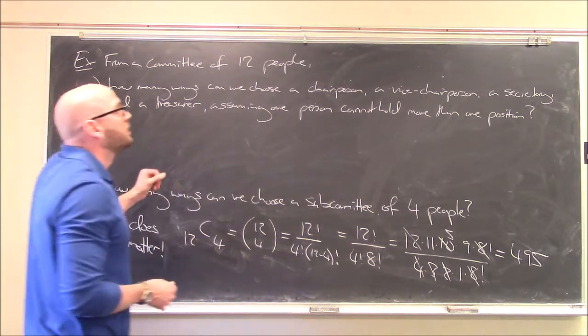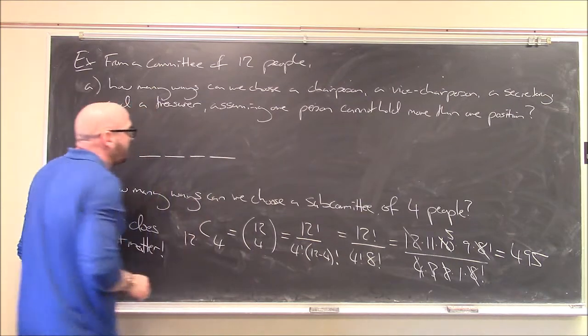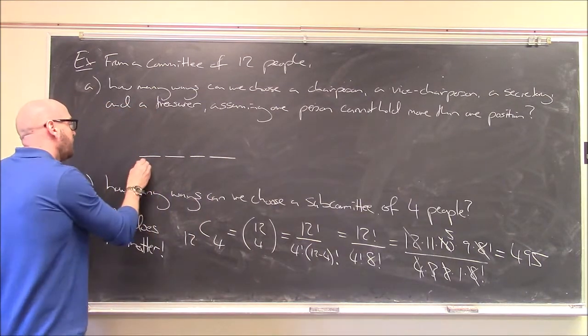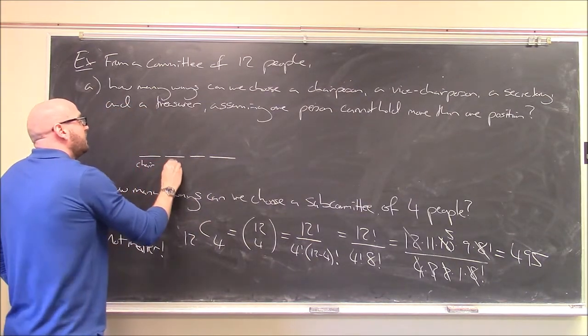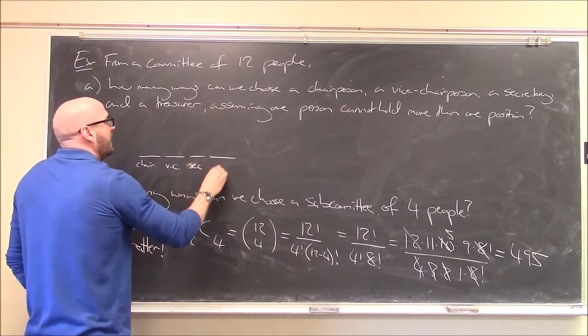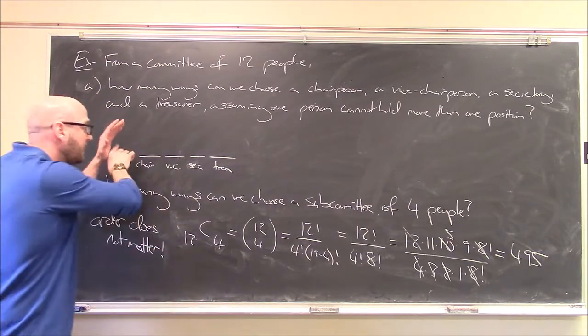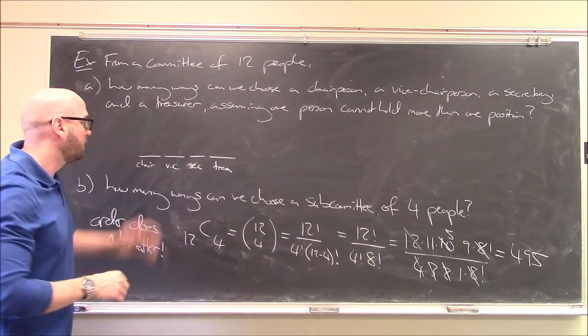I'm not just choosing 4 people. I'm choosing 4 people, but then I'm also looking at specific order. I'm saying 1 is going to be the chair, 1 is the vice chair, 1 is the secretary, and 1 is the treasurer. So I'm choosing 4 people, and then I'm looking at all different permutations of those 4.